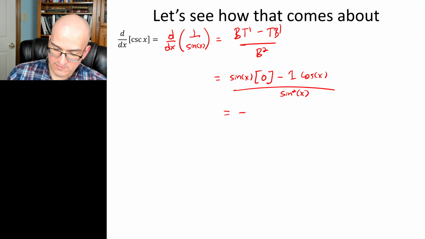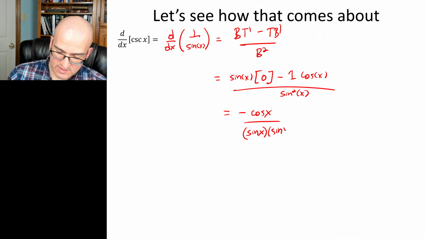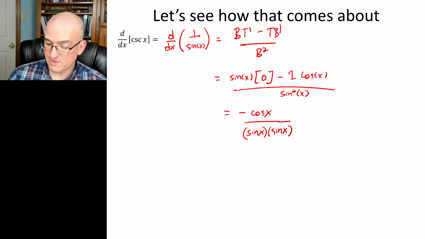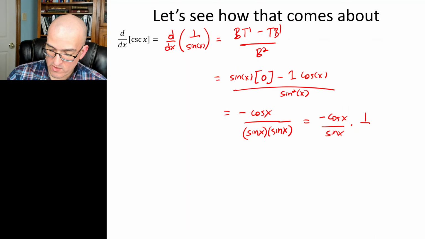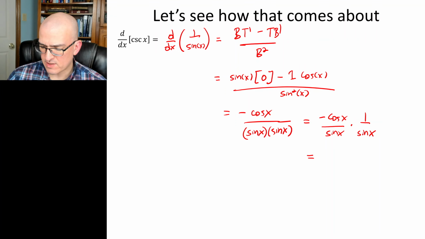We end up with negative cos of x over sine of x times sine of x. Gotta use a little trick here. This is negative cos of x over sine of x multiplied by 1 over sine of x. Just splitting up the fraction that way.